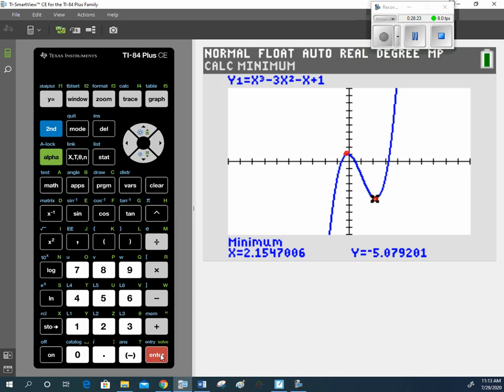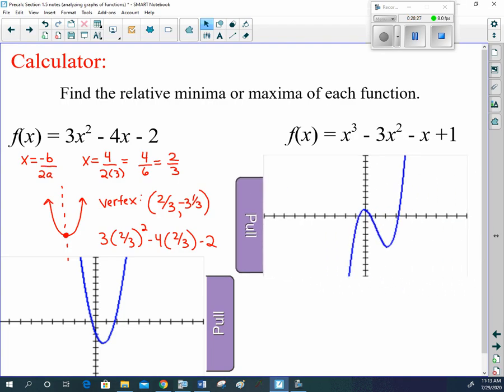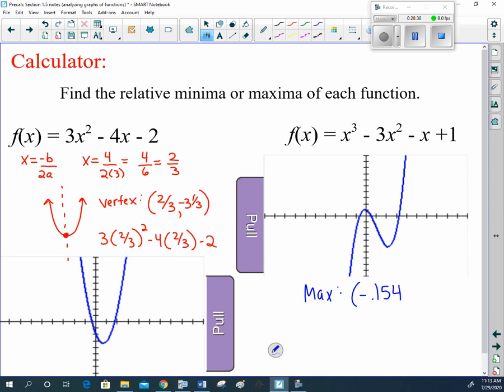Okay. So here's a picture of what we just did. And here is the max was negative 0.154, comma 1.079, and the min was 2.154, comma negative 5.079.